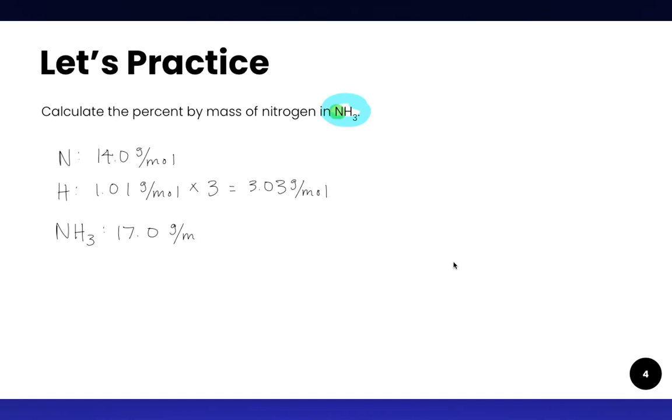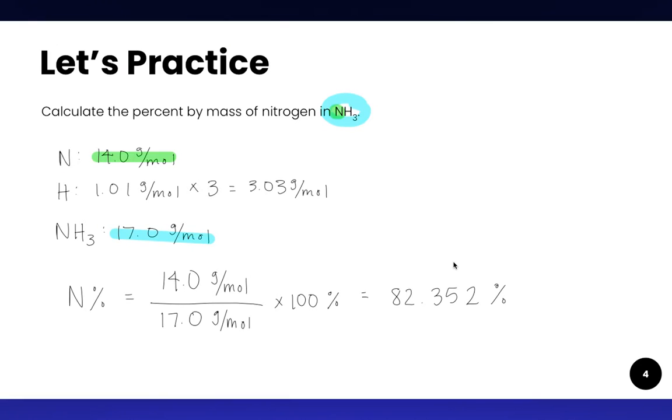grams per mole. Okay, so now I have used the periodic table to find the mass of the element and the mass of the molecule. I just need to calculate the percent.